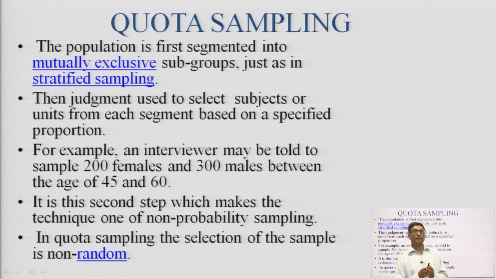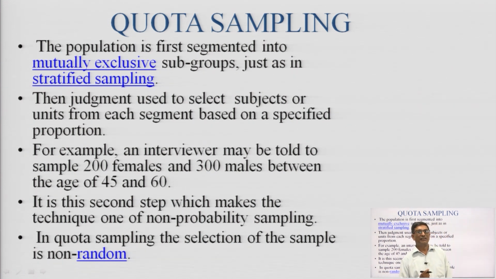An example of this type is quota sampling. The population in quota sampling is first segmented into mutually exclusive subgroups, just as in stratified sampling. Then judgment is used to select subjects or units from each segment based on a specified proportion.